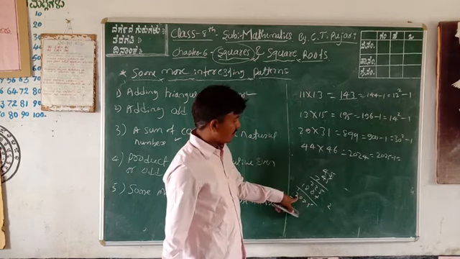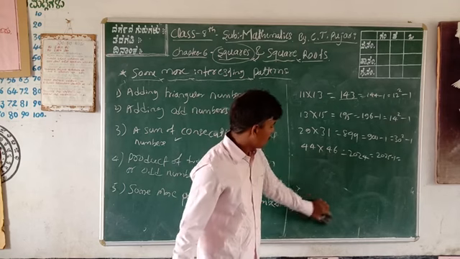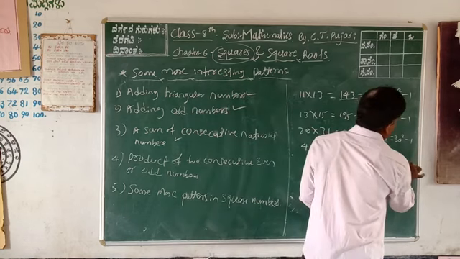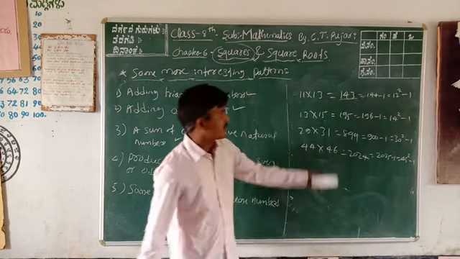Therefore 2025 is the square of 45, so the number is 45 square minus 1. These are the patterns of square numbers.